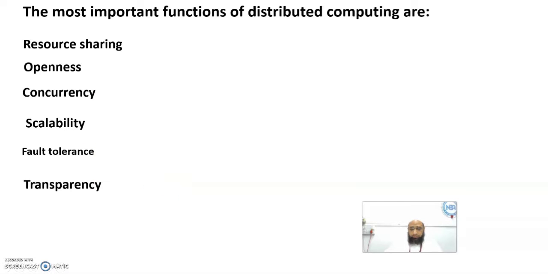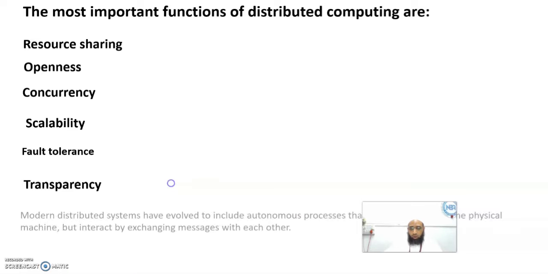Modern distributed systems have evolved to include autonomous processes that might run on the same physical machine but interact by exchanging messages with each other.